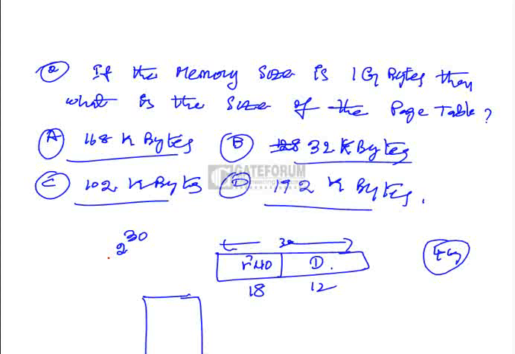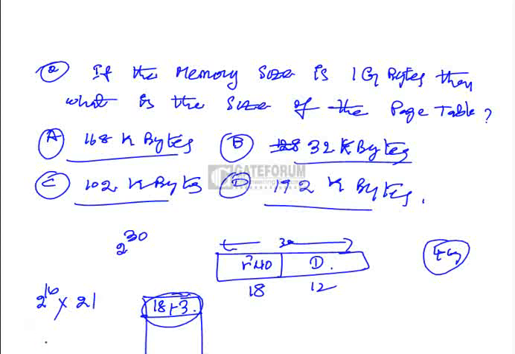How many entries will be there? Already we know there are 2 power 16 entries, because 2 power 16 pages will be there. Each entry contains the frame number of 18 bits plus 3 bookkeeping bits, total 21 bits.